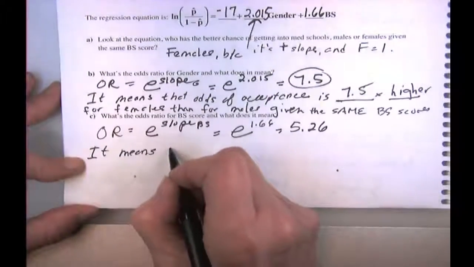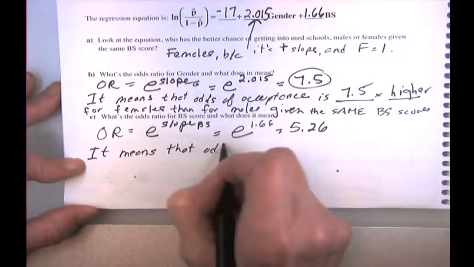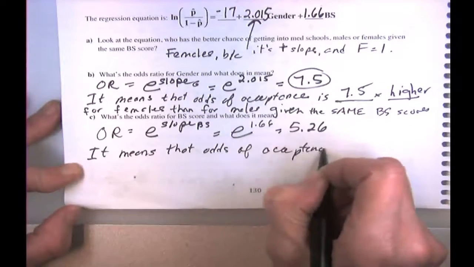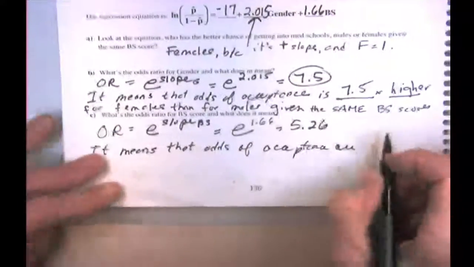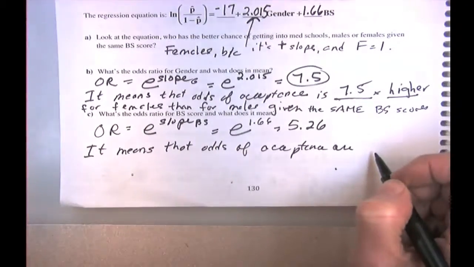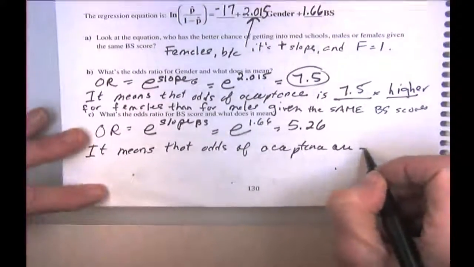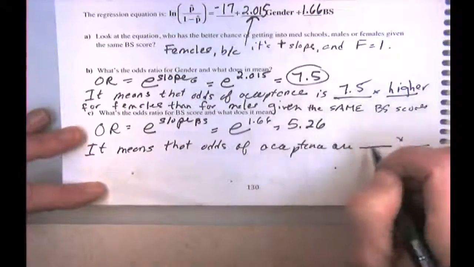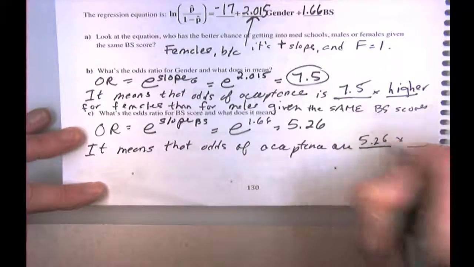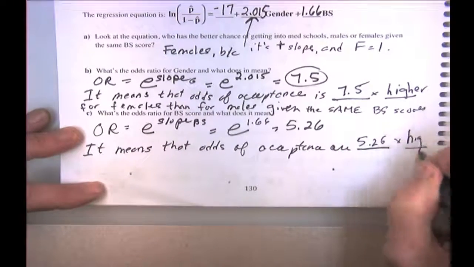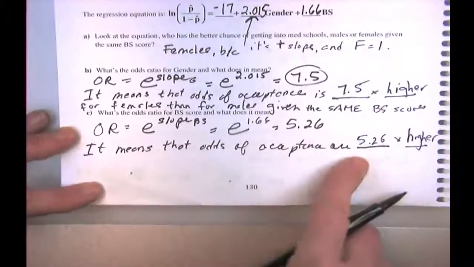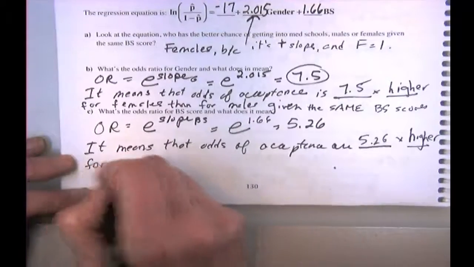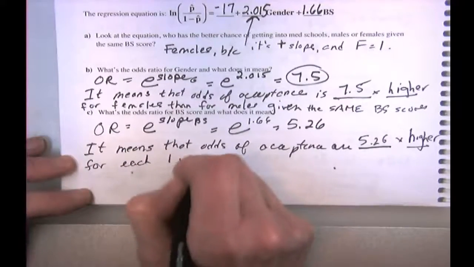So it means that the odds of acceptance are 5.26 times higher if you go up 1 point in your biological science score, for each 1 point increase.